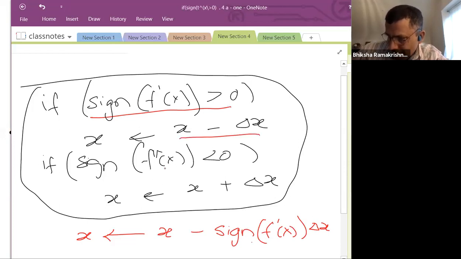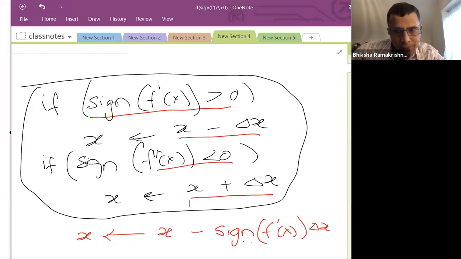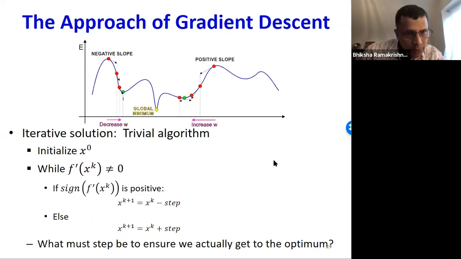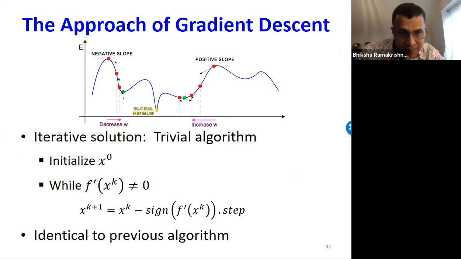When sign is negative, negative and negative become positive, so you end up with this equation. Everybody see how that happened? I assume so. So I can compact these two lines into one equation. When the derivative is not 0, I'm going to update x as x equals x minus the sign of the derivative times the step.